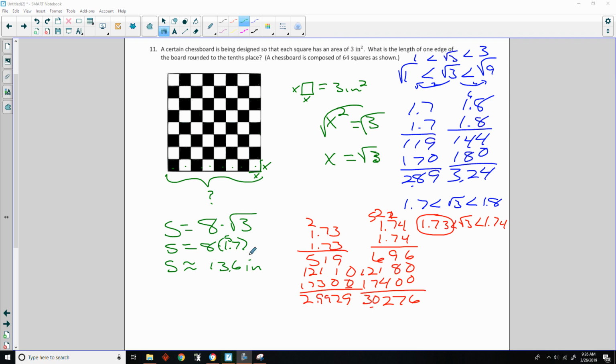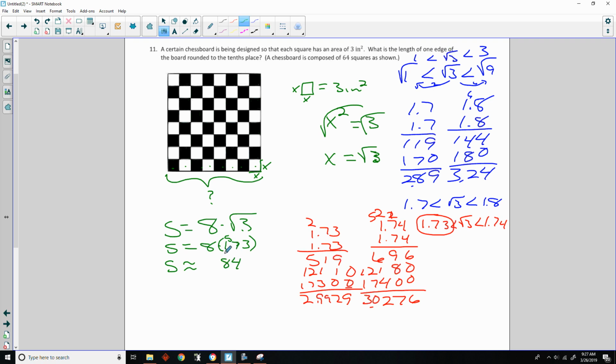Now I'm going to point something out here as well. Where you round matters as well. So I rounded before multiplying, but what if I round after I multiply? How much would that change? So I got my answer to be 13.6. But what if I use this whole 1.73 and said 8 times 1.73? 8 times 3 is 24. 7 times 8 is 56 plus 2 is 58.